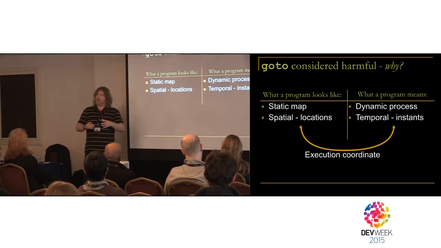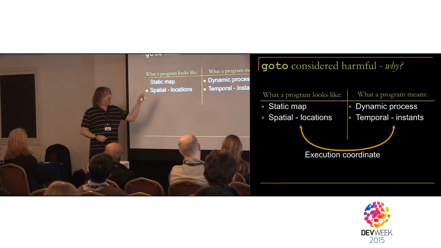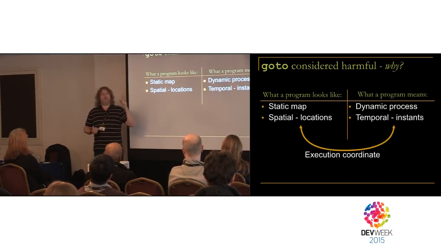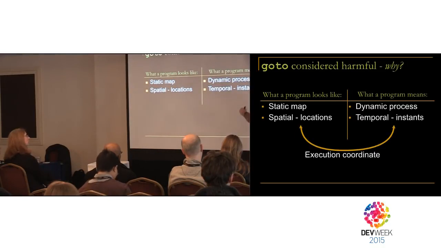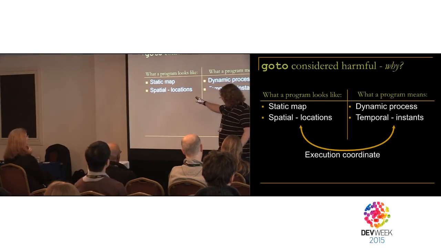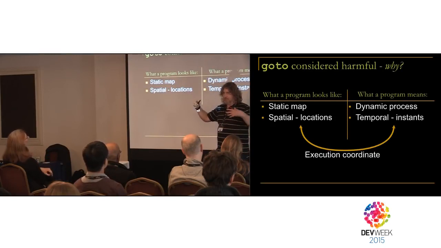All of our language is spatial and static. And yet, the program has no concept of that at all. The program's concept is of time. The building blocks of a program inside the machine, the real thing that it represents, is actually a sequence of instances, one after another.